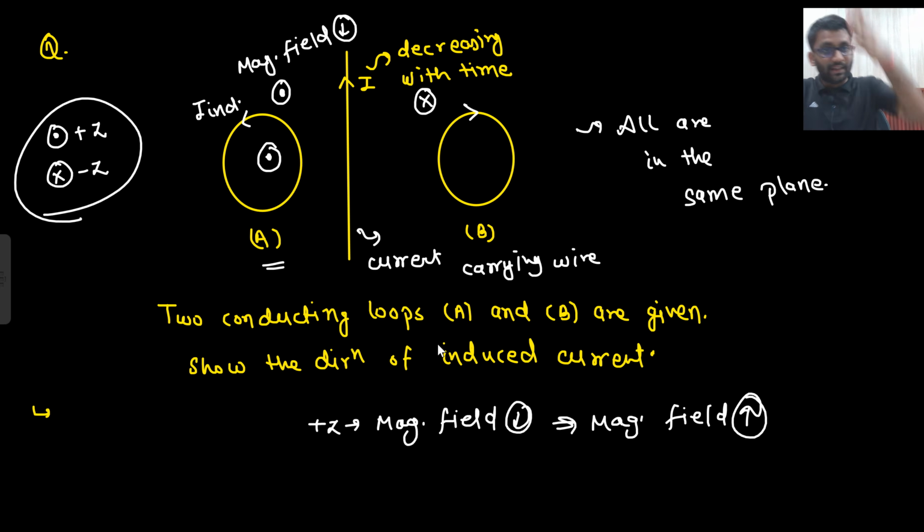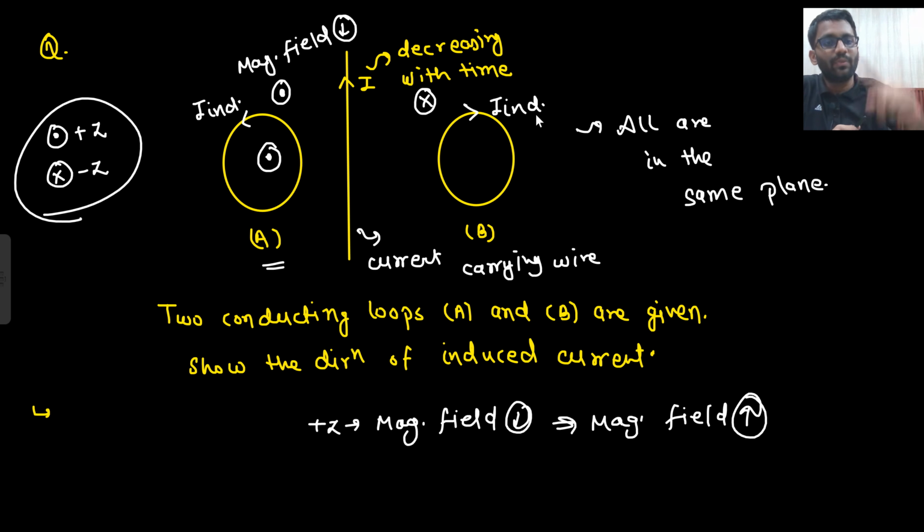Because in this direction, going into the screen, in the minus z direction, your current is getting decreased. So the I induced should flow in a manner that the magnetic field should go in only. So in the minus z direction, your magnetic field is decreasing.